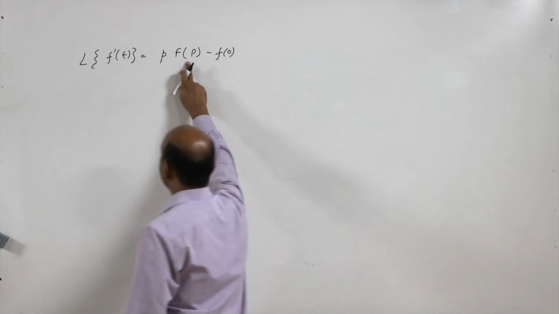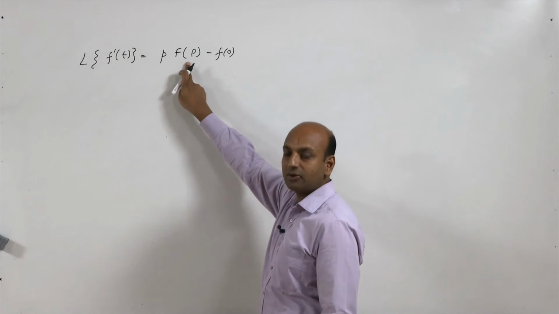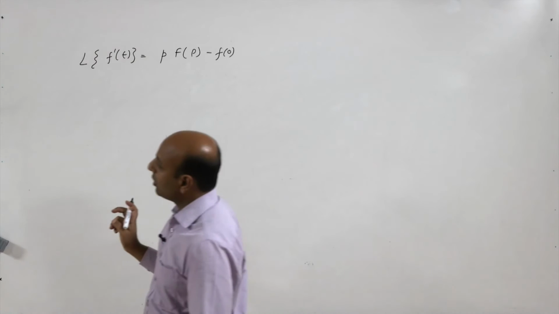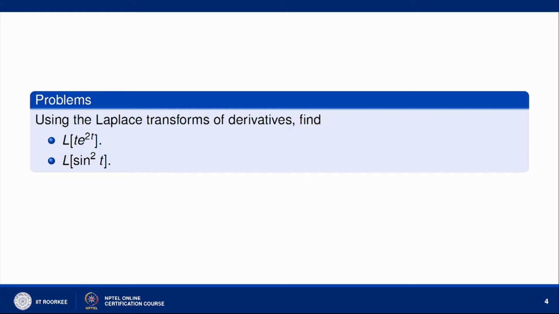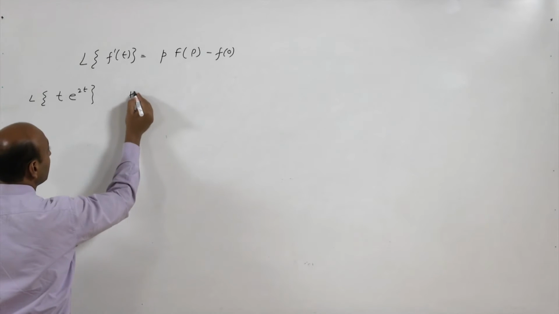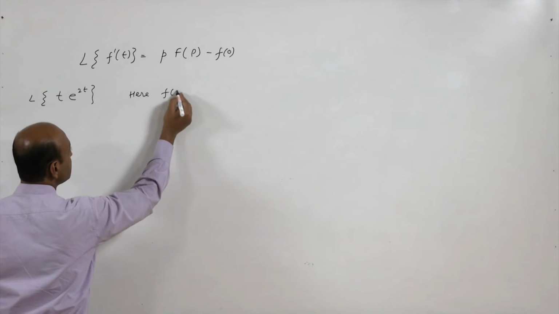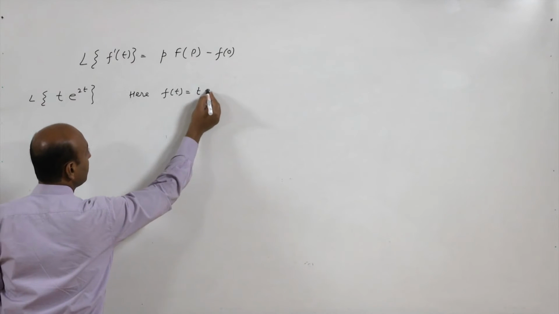What is F(p) here? F(p) is nothing but Laplace of f(t). So we have to find Laplace of t e^(2t). So here f(t) is t e^(2t).